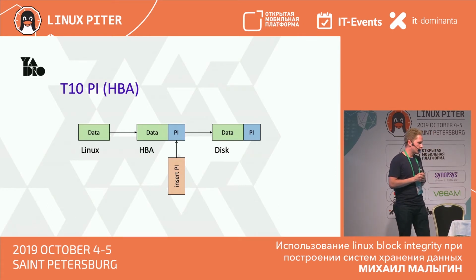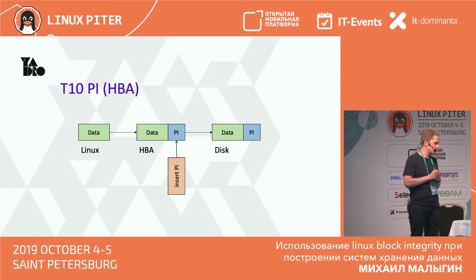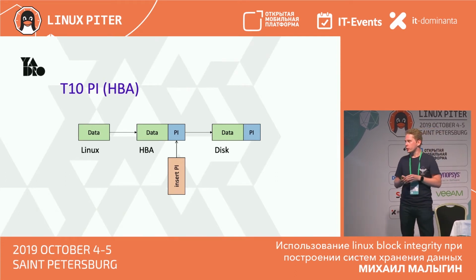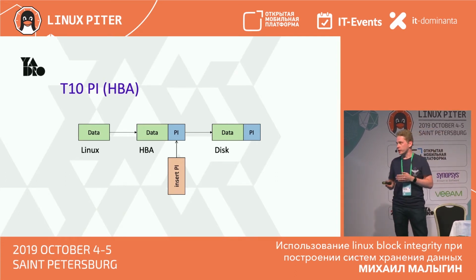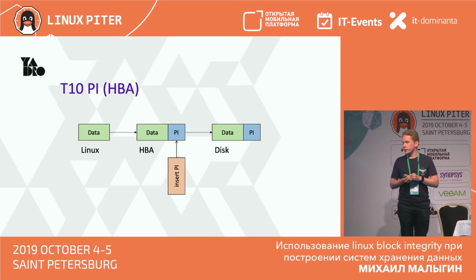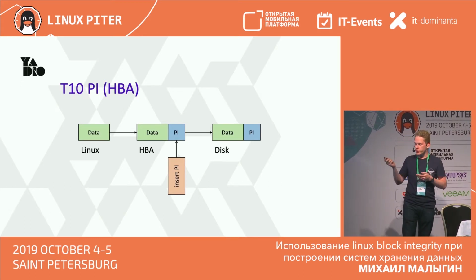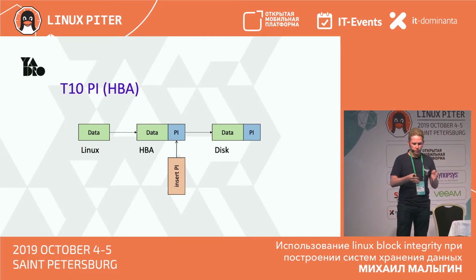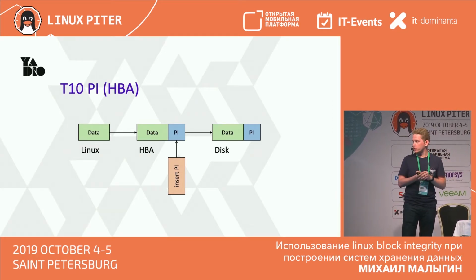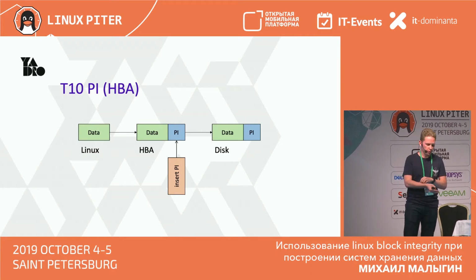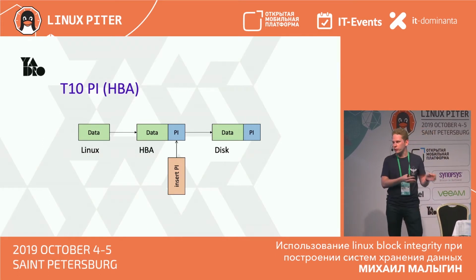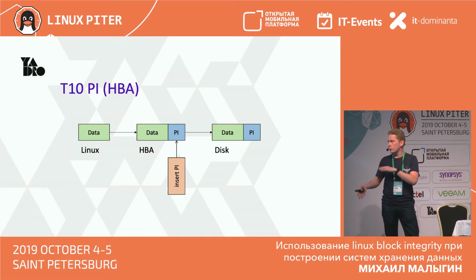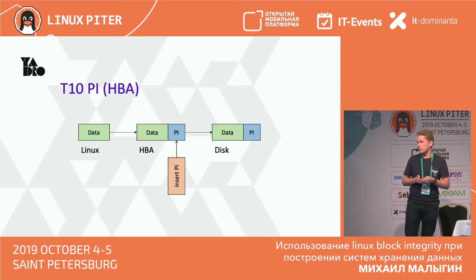So we try to sort it out, and we understand that integrity should be included not only on the disk itself, but also at the level of the SCSI adapter, which should support integrity. In our case, you can see the way it is on the slide. Linux sense data, the HBA sees that the disk should have protection information, reads it, inserts it, and then reads it, but it works backwards actually.